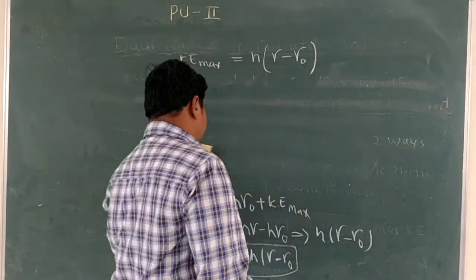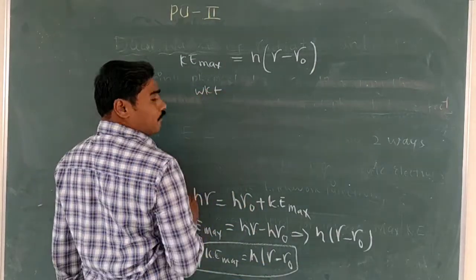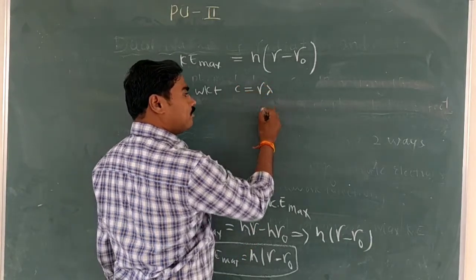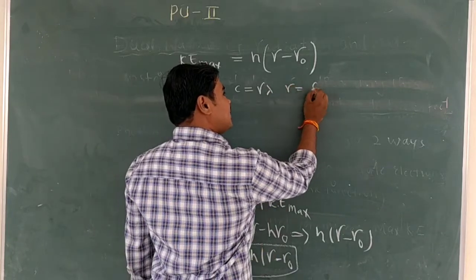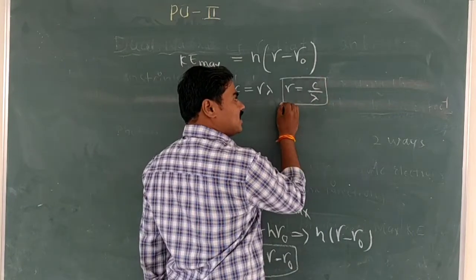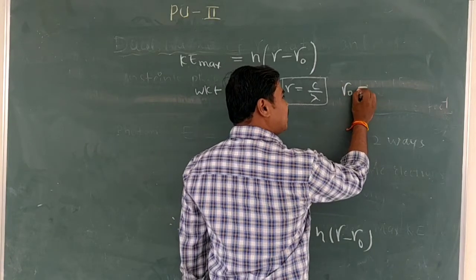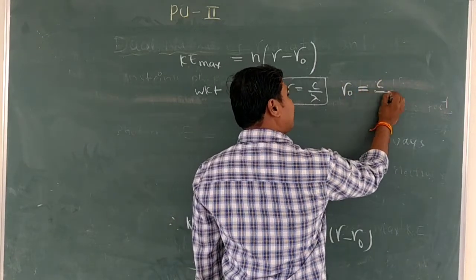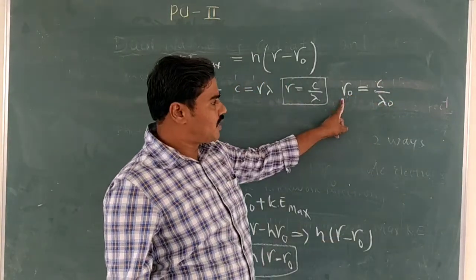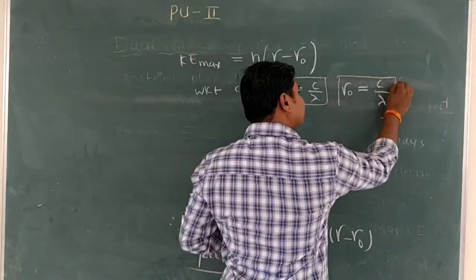Then we know that c is equal to nu lambda, or nu is equal to c divided by lambda. This is the normal frequency in terms of wavelength. And convert the threshold frequency to the form of threshold wavelength: nu naught is c divided by lambda naught. Nu naught is called threshold frequency and lambda naught is called threshold wavelength. Substitute these two values in the above equation.